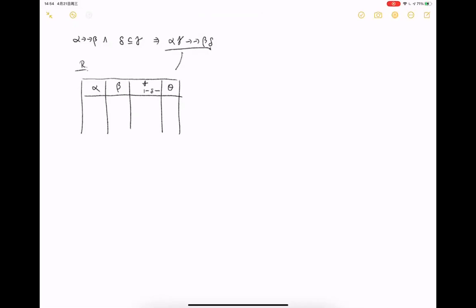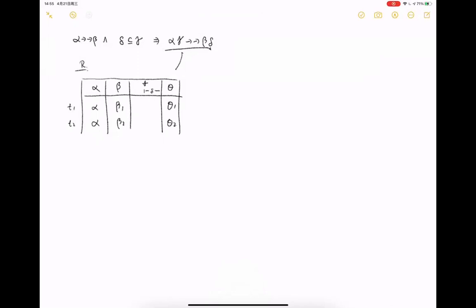What we need to prove is, assuming there are T1 and T2 in this relation with the same value on alpha, they have different values on beta. Let's call them alpha, beta 1, beta 2. They have theta 1, theta 2, and then they have different values on gamma, right?